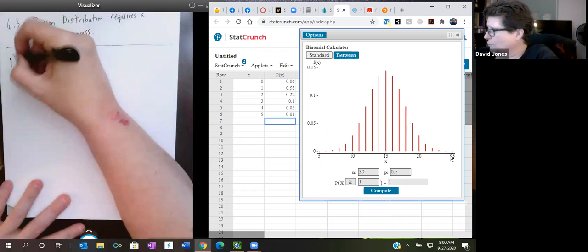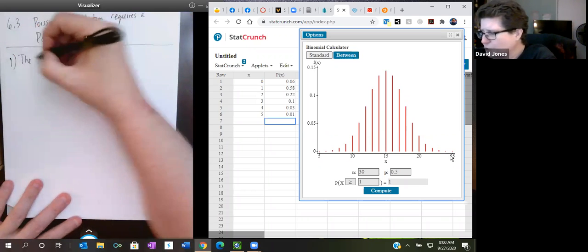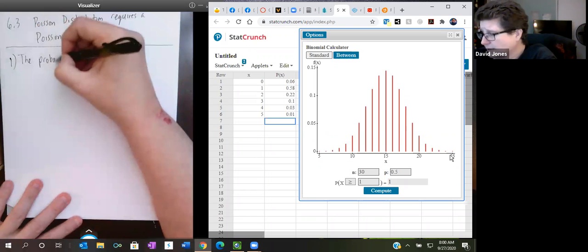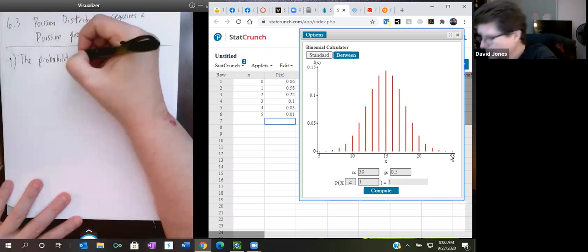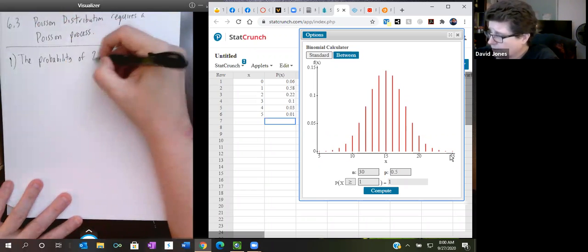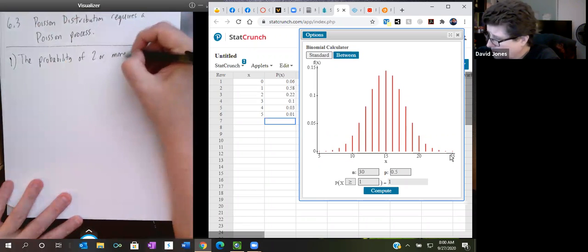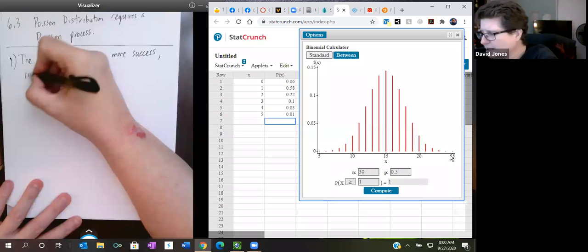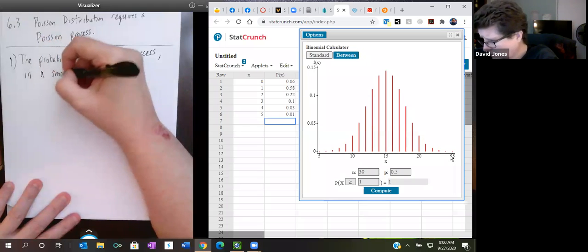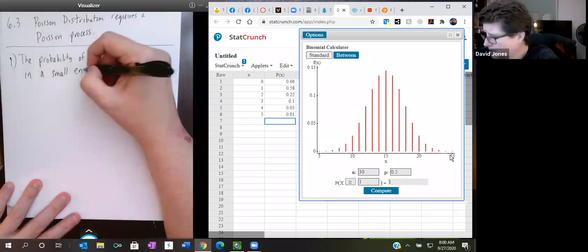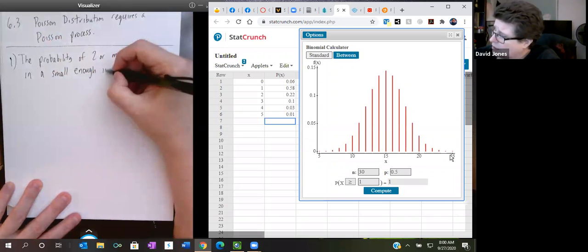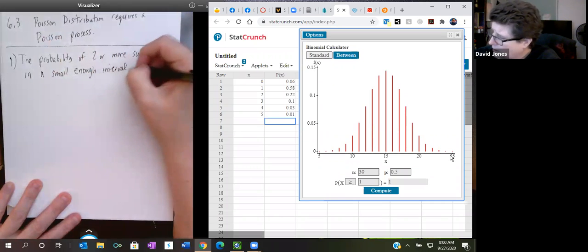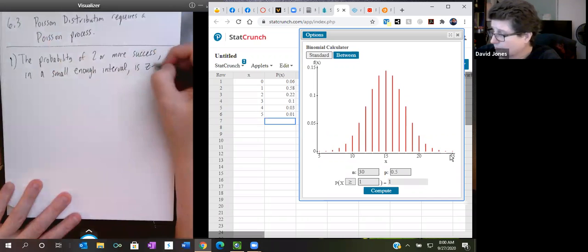So we need the probability of 2 or more successes in a small enough interval to be 0.